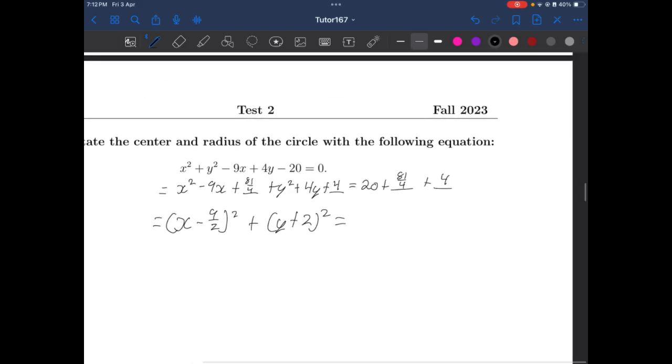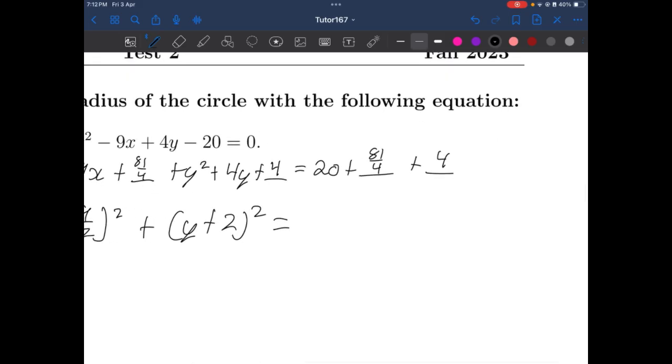Is equal to, we're going to add these two together and take the square root of it. So you could just put all this in your calculator, or you could convert all the denominators to 4 and then add it together. But when you put it in the calculator, you will get 177 divided by 4, but we still have to take the square root of it.